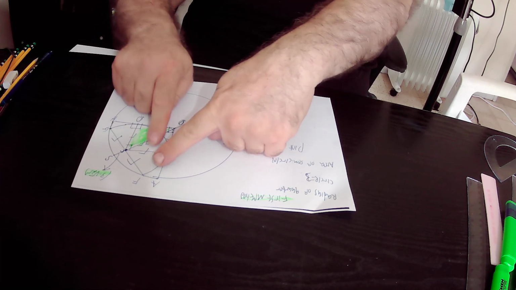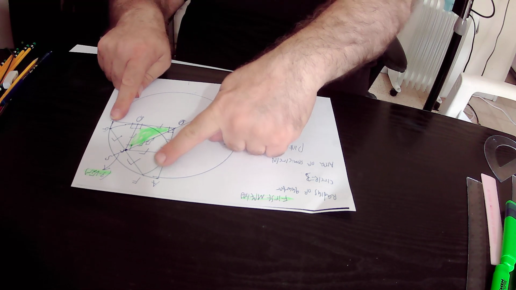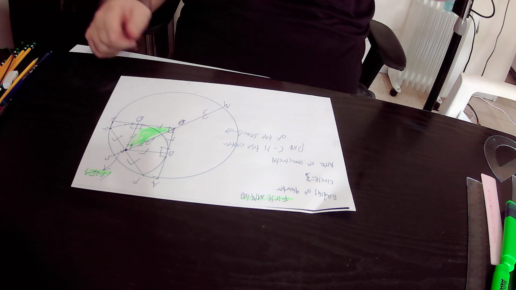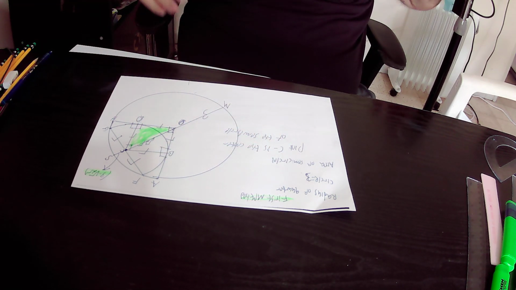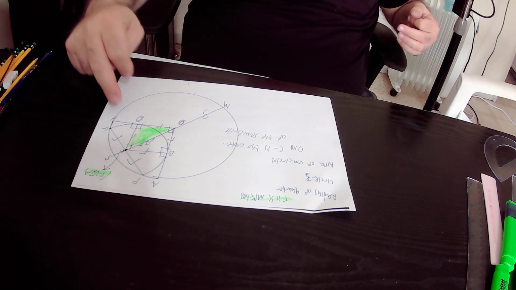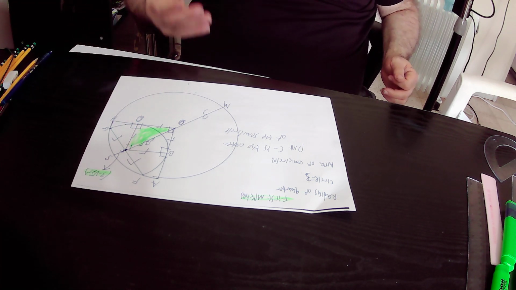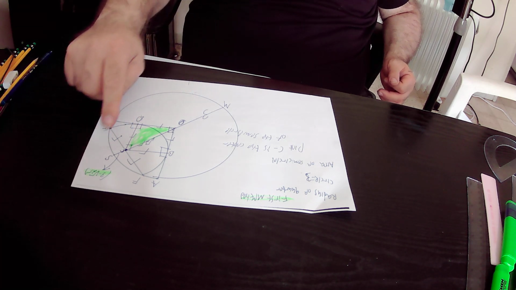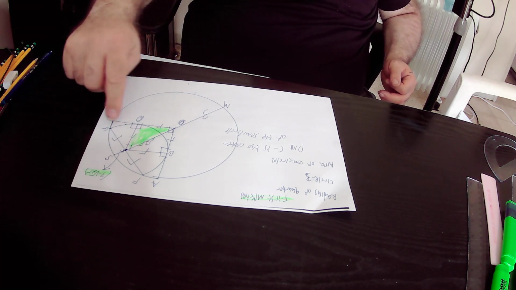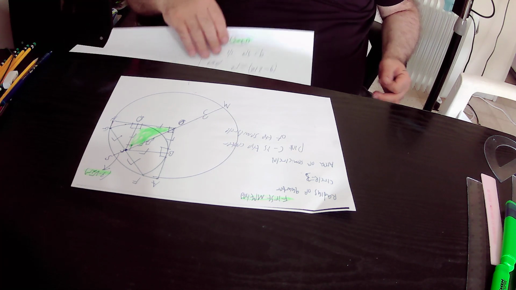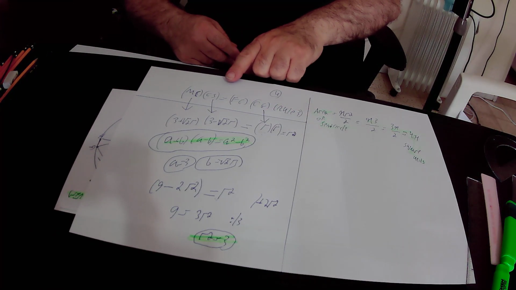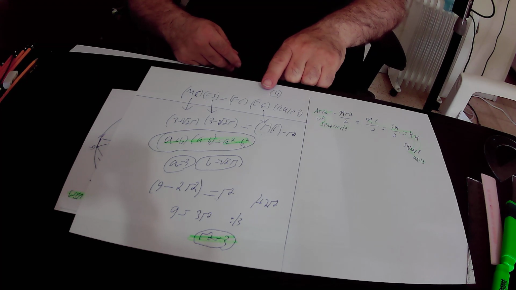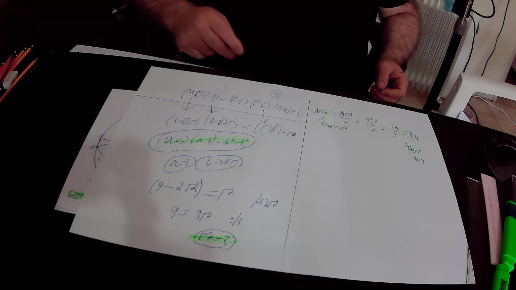Chord MS intersects with chord FG at point C. Point C is the intersection point between chord MS and chord FG. So according to rule number 3, we will get that MC times CS equals FC times CG. MC times CS equals FC times CG according to rule number 3.